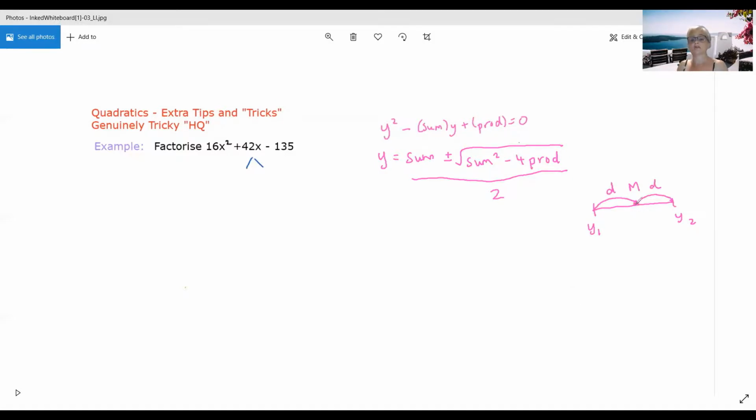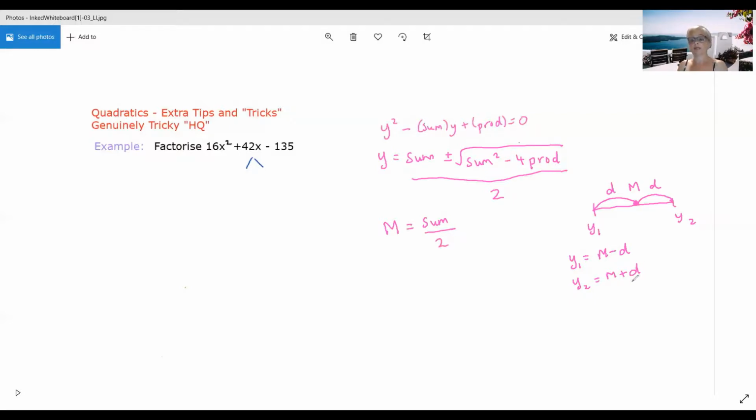So obviously y1 is this midpoint minus d, and y2 is this midpoint plus d. What is the midpoint going to be? Well, it's going to be the sum divided by 2.